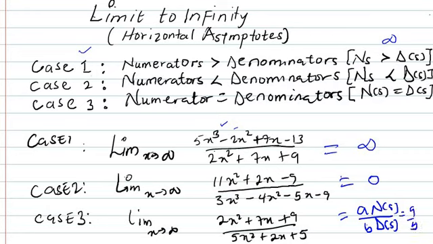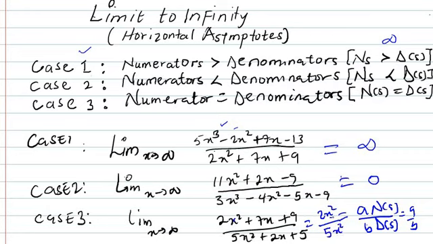Like in this case, we have the limit as x goes to infinity of 2x squared plus 7x plus 9, all over 5x squared plus 2x plus 5. Here the highest degree in the numerator is 2x squared, and in the denominator we have 5x squared.